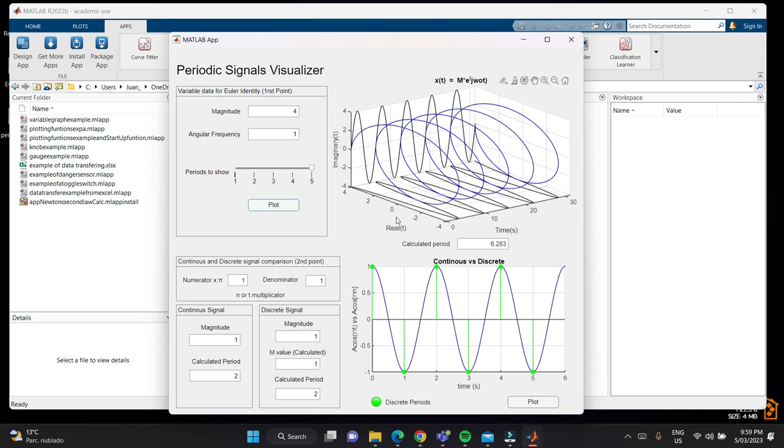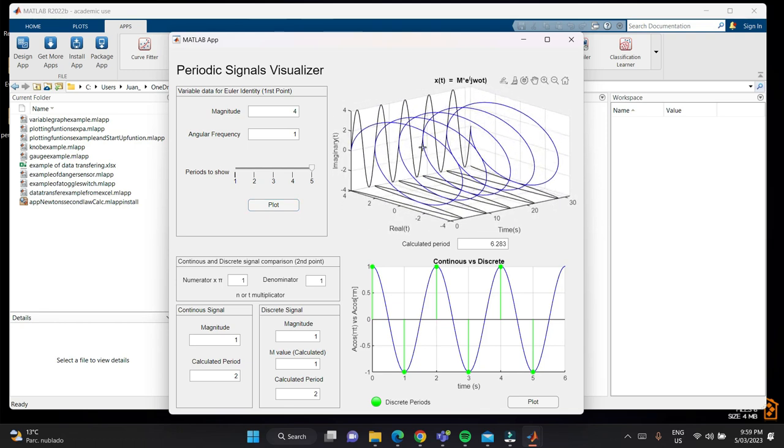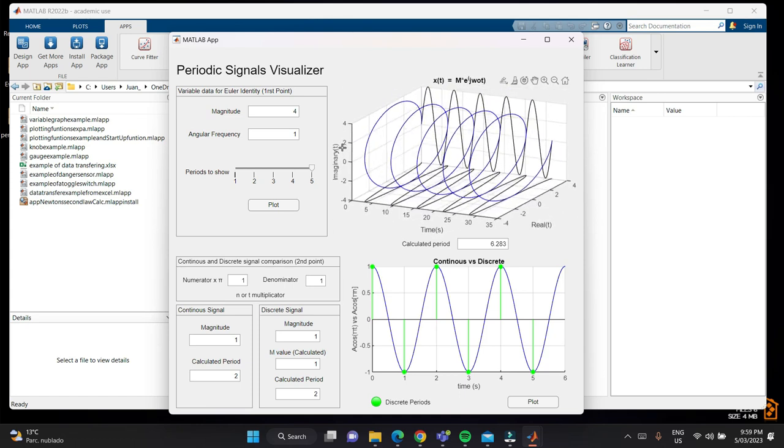So it's not only here in the real part, but actually here too. As you can see, for the real part is the cosine, for the imaginary part is sine. And it's like the spring that forms. We can actually play a little bit with it. We can rotate it. Let's leave it this way.